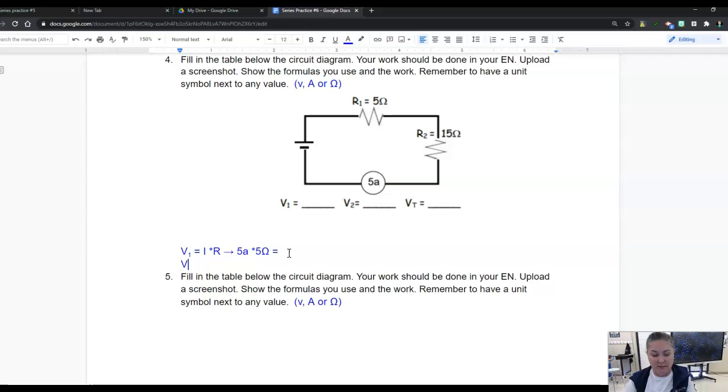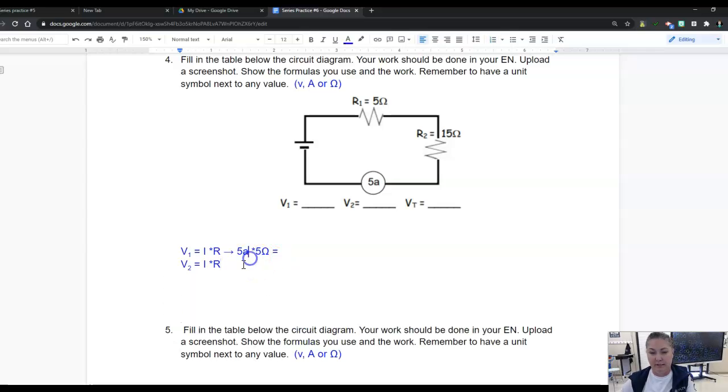For the second one, V2 is equal to I times R. And we're in a series circuit, so we know that we're going to use the same amps. They gave us the current there, 5 amps, right here. I'm going to multiply it by the second resistor, which is 15 ohms.